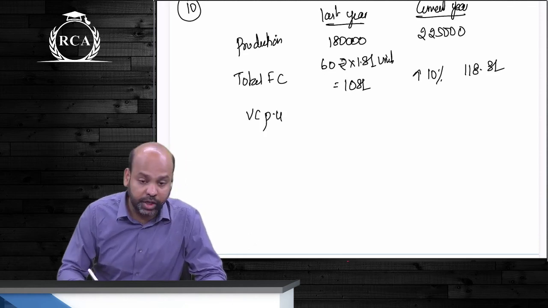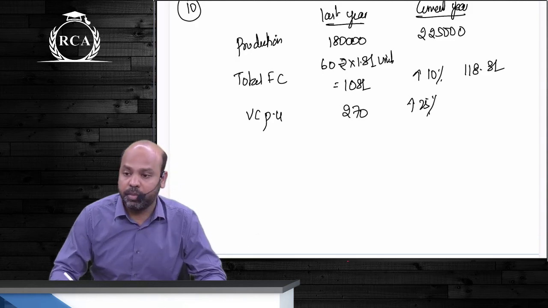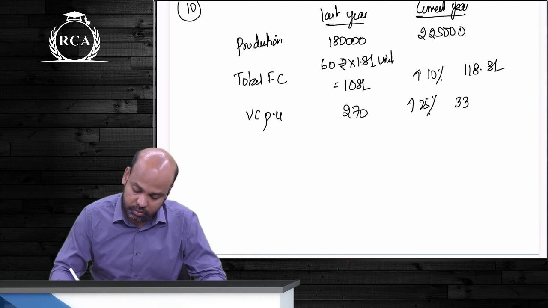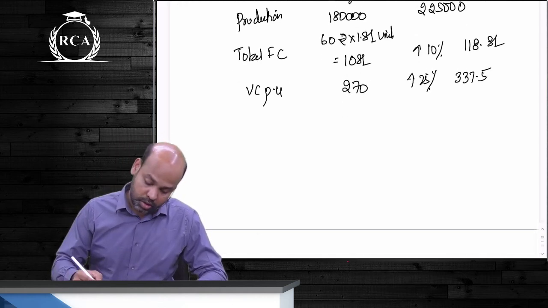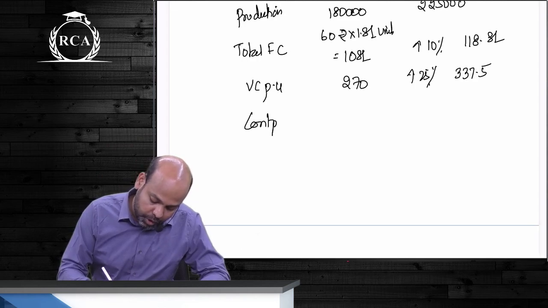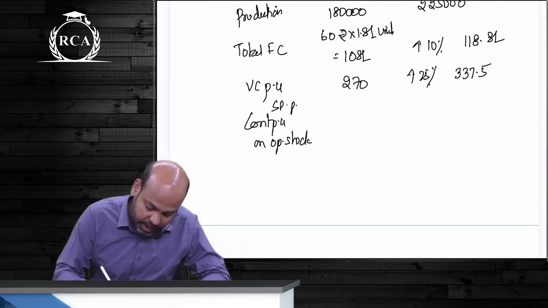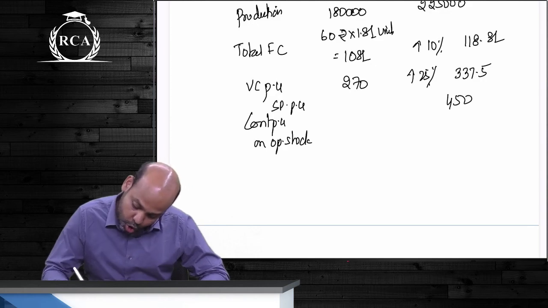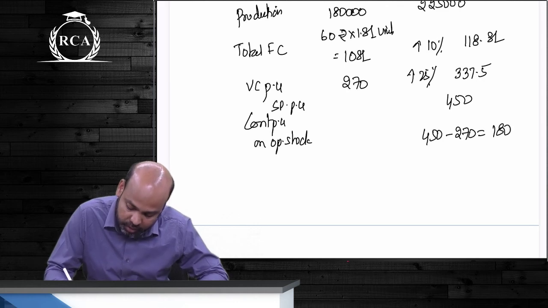Variable cost per unit last year 270. Current year it is increasing by how much? 337.5. Contribution per unit on opening stock. What is our selling price per unit in the current year? On opening stock, won't you write 450 minus 270, 180?